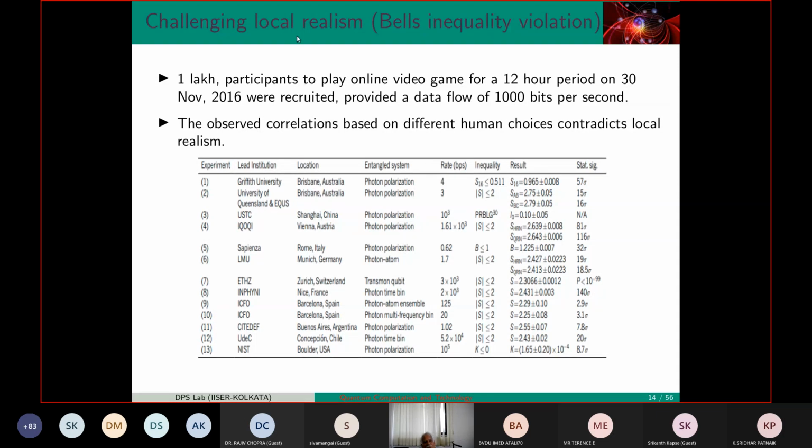He said there has to be some local realistic theories where, using standard statistical probability, things can be described. So this local realism is what Bell's inequality challenged, and so far quantum mechanics respects this kind of violation of local realism, and non-local correlation like entanglement is there. But people are challenging it continuously.